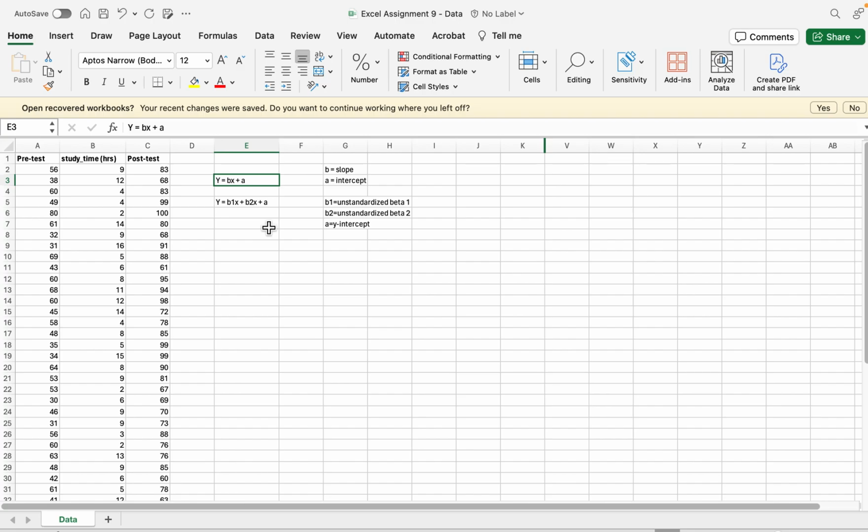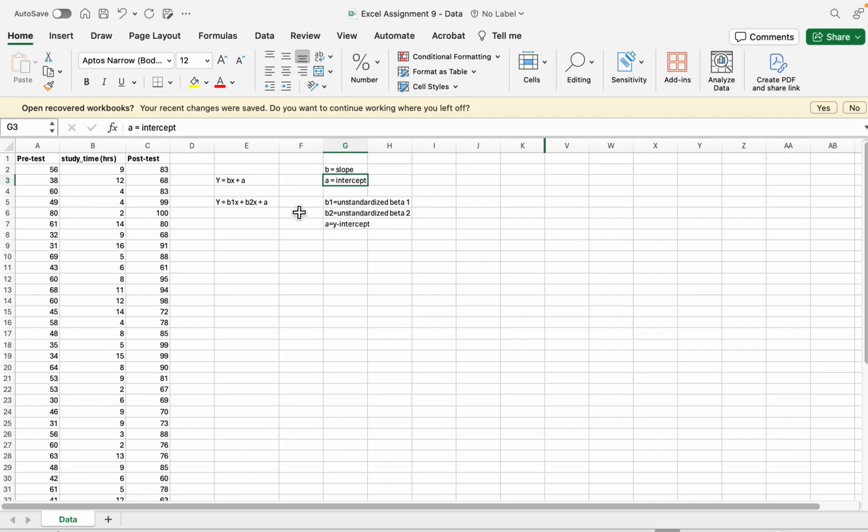But if you have been in math classes, you know that y equals mx plus b. That's very similar to this, right? So b is the slope, and a is the intercept. So think about unstandardized betas, which is what will pop up in your regression.